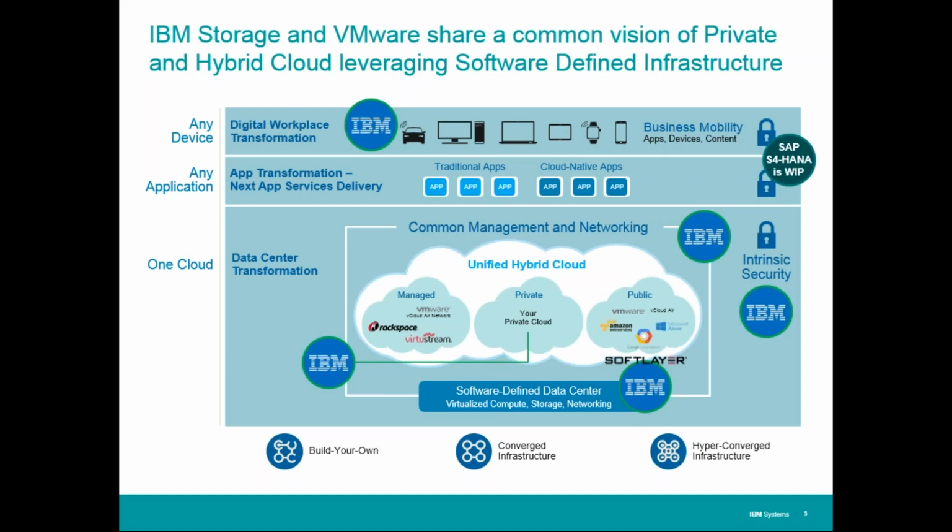We also have collaboration in establishing a common management and networking platform, through our integration with NSX, VRO, and VRA, really giving our clients the capabilities to leverage the established common management and networking platform.